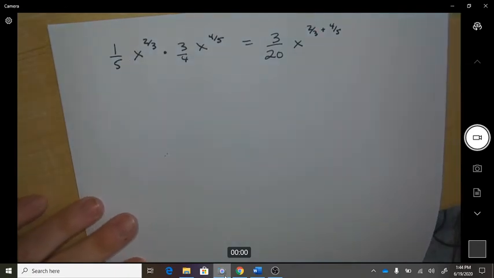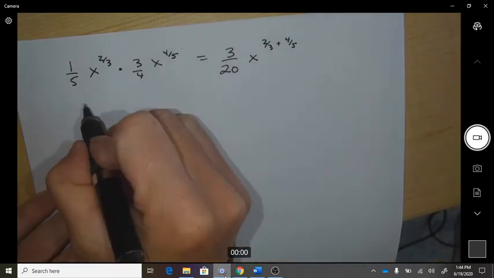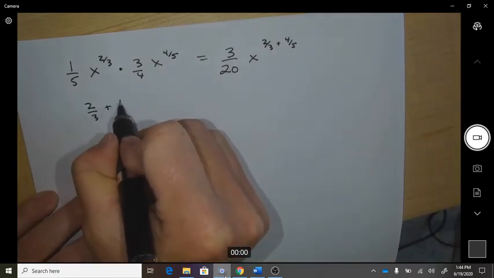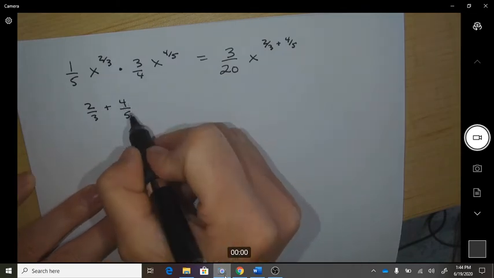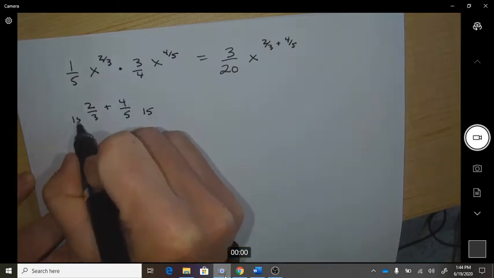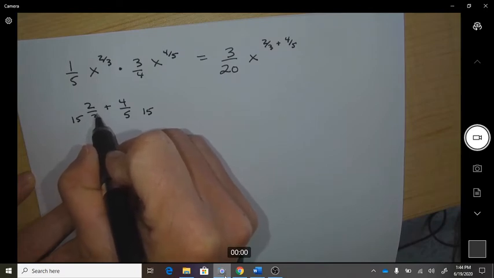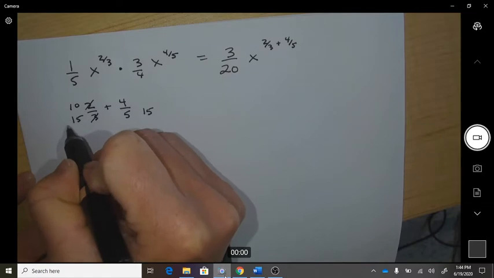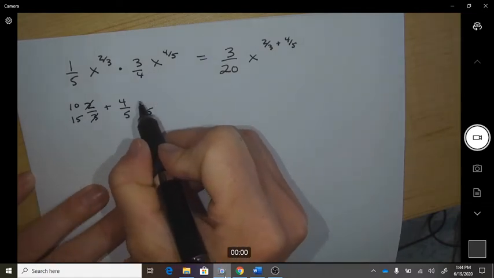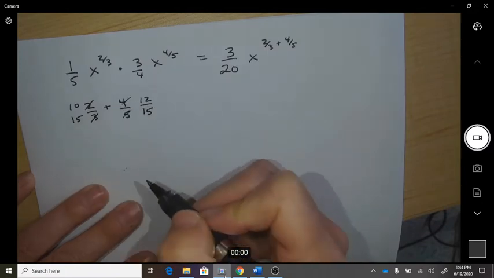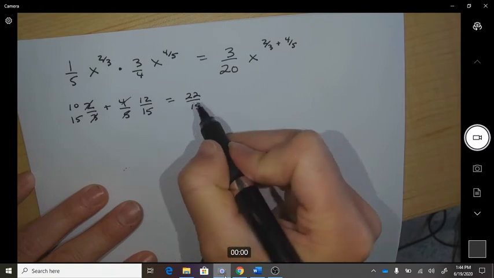So they do not have the same denominators, so I'm going to figure out what I can do. So between a 3 and a 5, I could change them both into a 15. So if I change this to a 15, I times by 5, so this would become 10. And if I change this to a 15, I would times by 3, so this would become 12. So now I add the top, and it's 22/15.